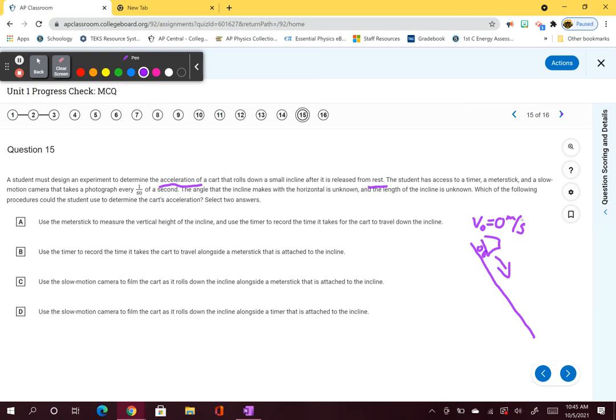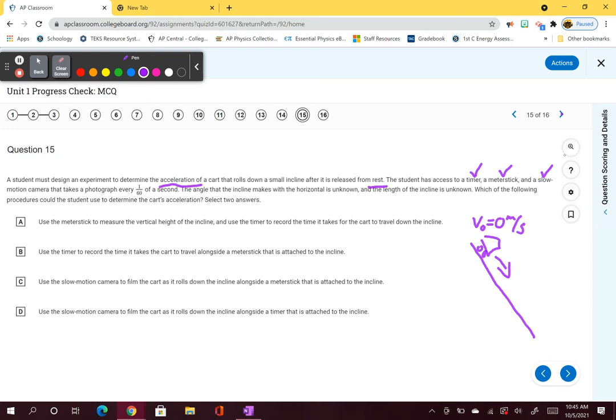The student has access to a timer, a meter stick, and a slow motion camera that takes a photograph every 1/60th of a second.